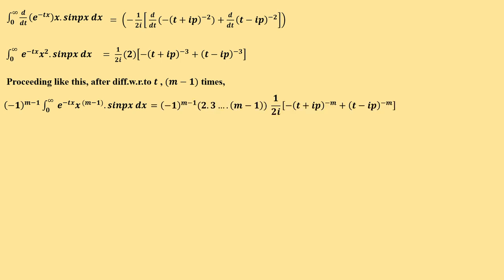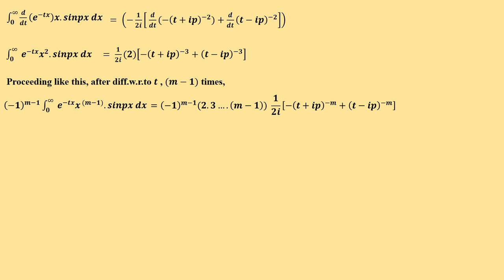which is equal to, similarly here also the minus is repeating, so minus 1 power m minus 1, first term 1, second time you are having 2 by 2i, right? Third time 3 by 2i, fourth time 4 by 2i, repeatedly. So m minus 1 times, m minus 1 by 2i.